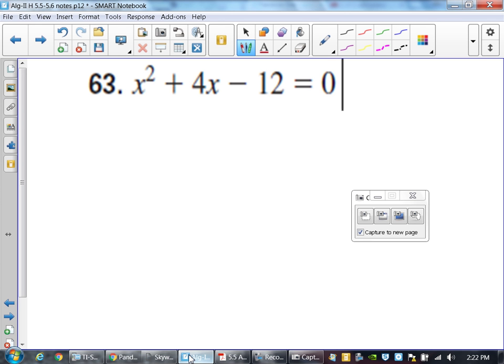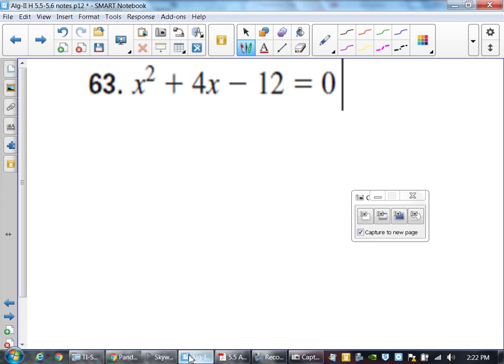Isn't that factorable? Yes, it is. Wouldn't that be the fastest way to do it? But if you don't recognize it right away, what could you do? Any quadratic I can complete the square. Why would I probably complete the square and not use the quadratic formula here? It's even, so it's faster.